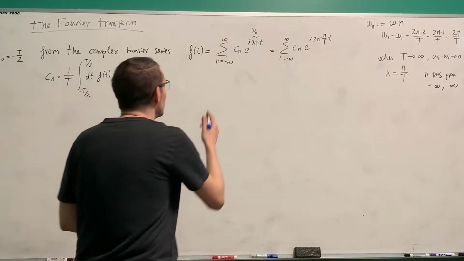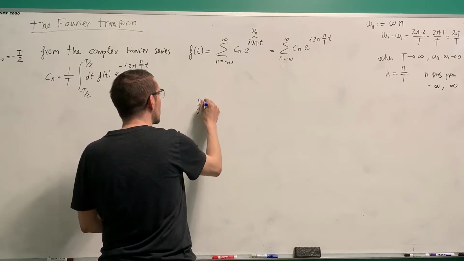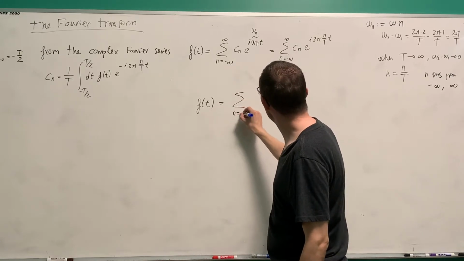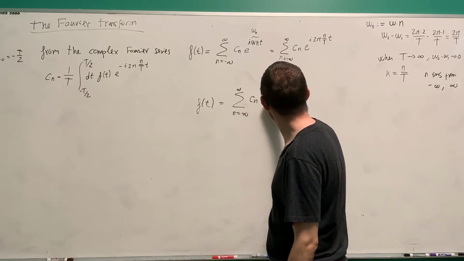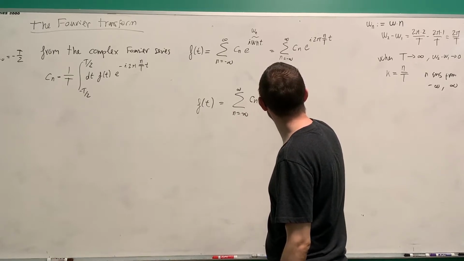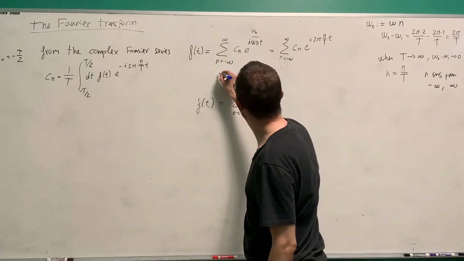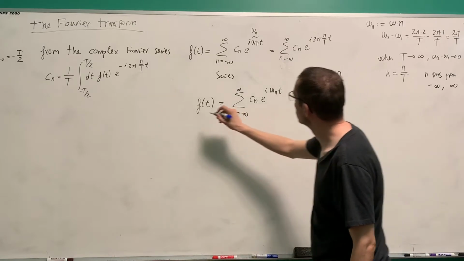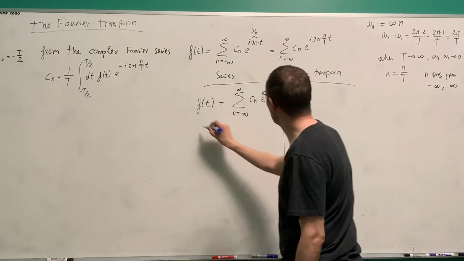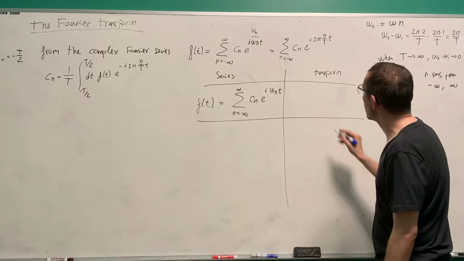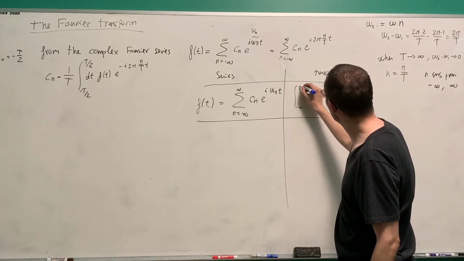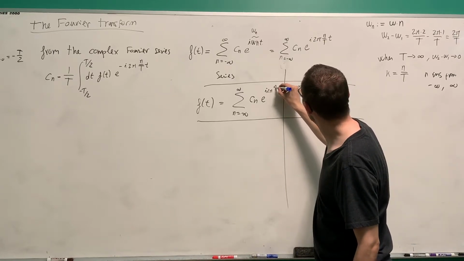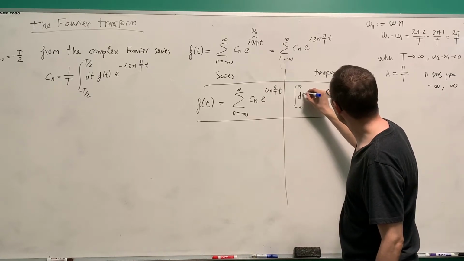So the analogy that we're doing here is that f of t, in the discrete case, we call it the sum from n equals minus infinity to infinity of c_n e to the i omega n t. This is in the series, and now the transform. So the series is going to correspond to something like an integral from minus infinity to infinity over the continuous variable, maybe I'll write here 2 pi n over T, something dk.